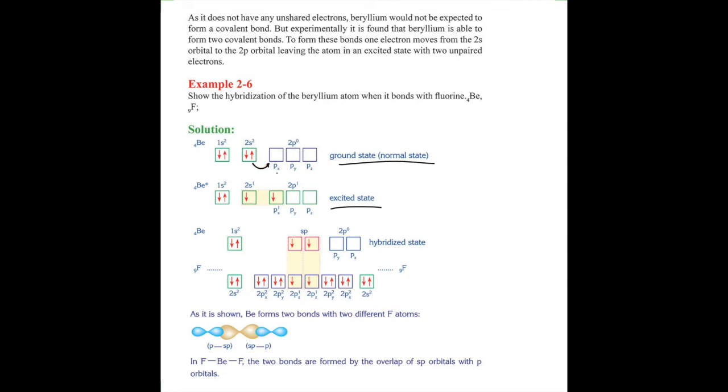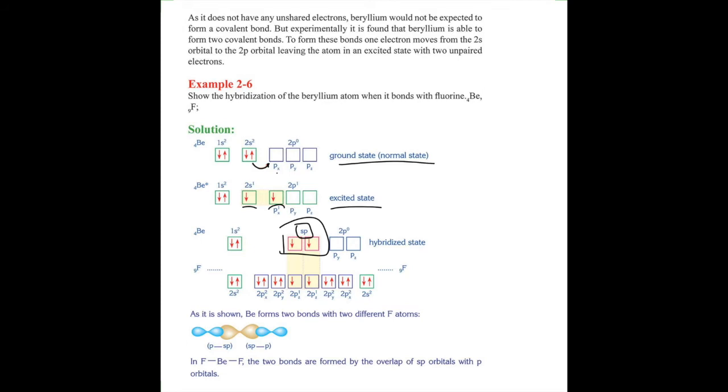After the process, the s orbital has one electron and the p orbital has one electron, and it will be sp hybridization, because we said that hybridization is mixing orbitals to make new orbitals, and these orbitals are hybrid orbitals, sp hybrid orbitals.